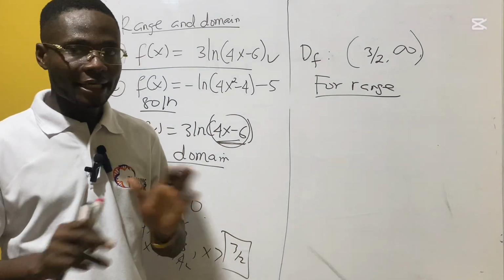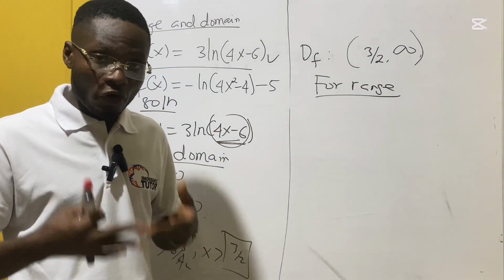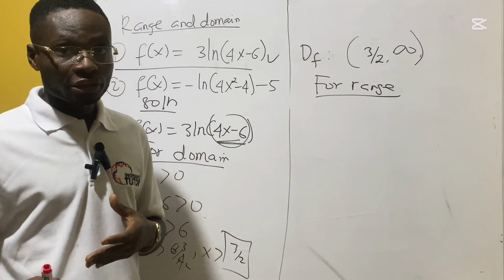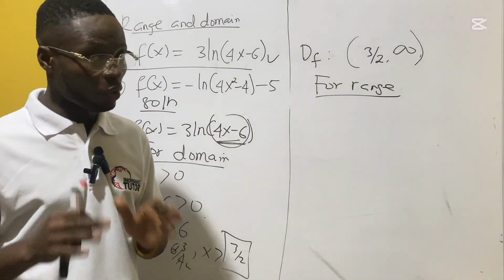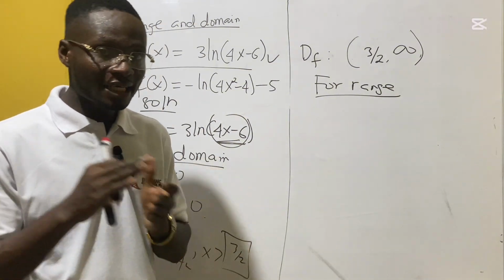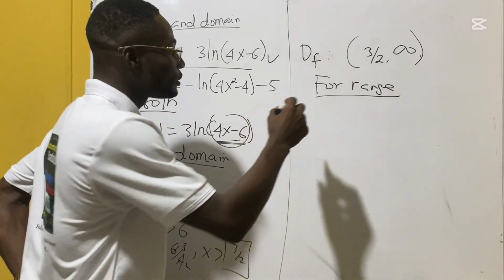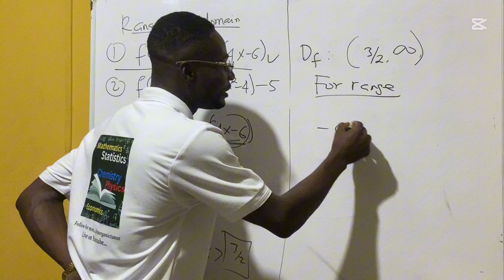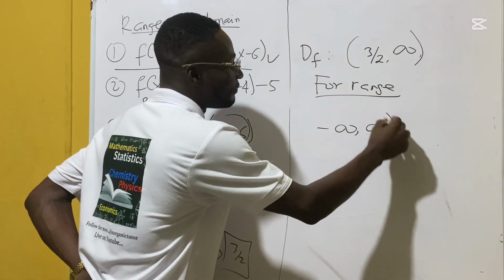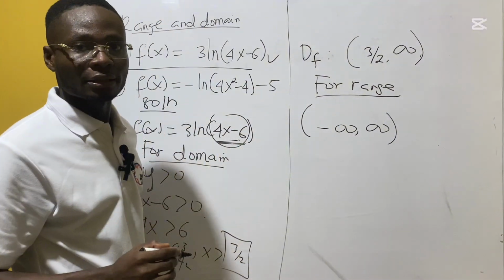Any number at all will be part of the range, with the exception of negative infinity and positive infinity. So with the range, we can say that we have negative infinity and positive infinity all excluded.